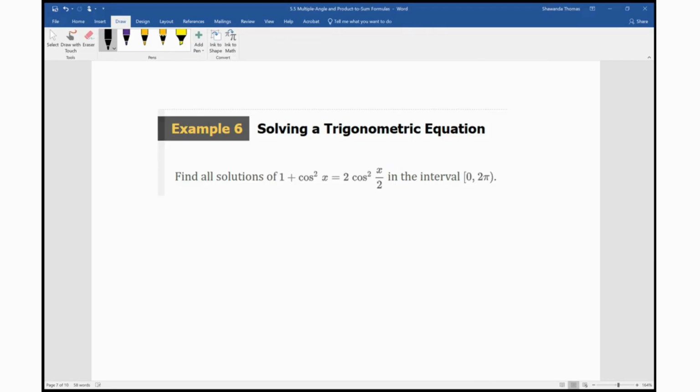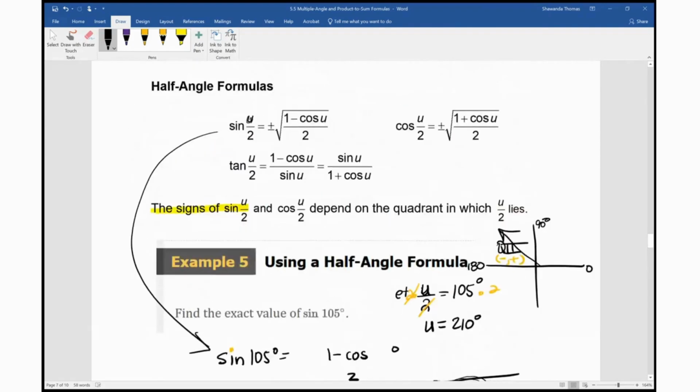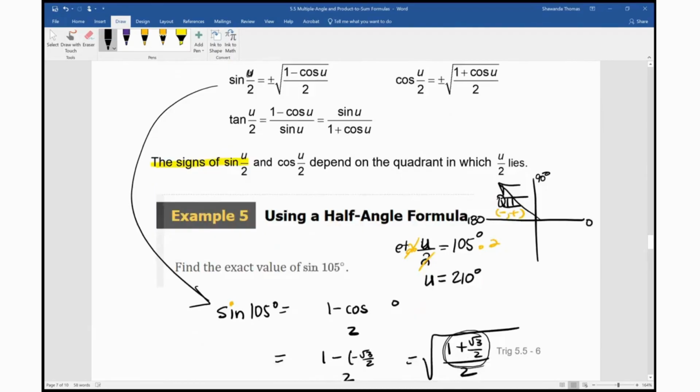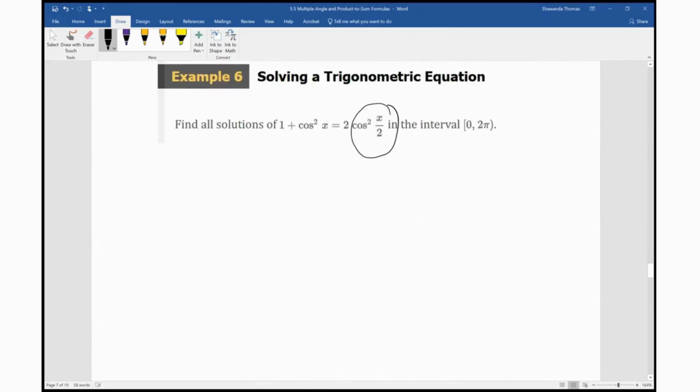So that looks like one of those half angle formulas we were just talking about. It's x over 2. So let's rewrite this, and then we're going to throw in what that equals.